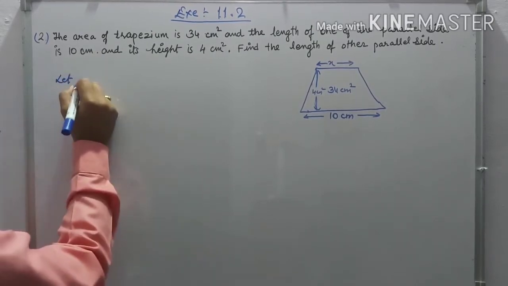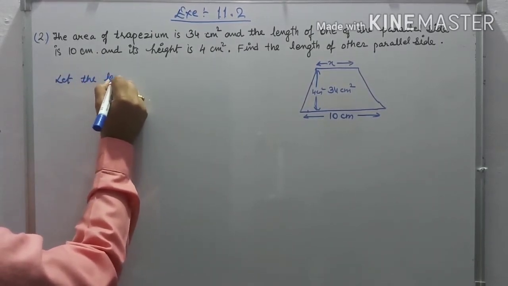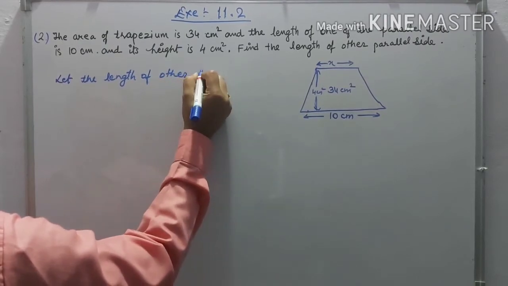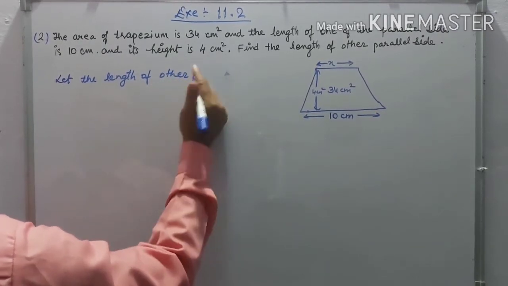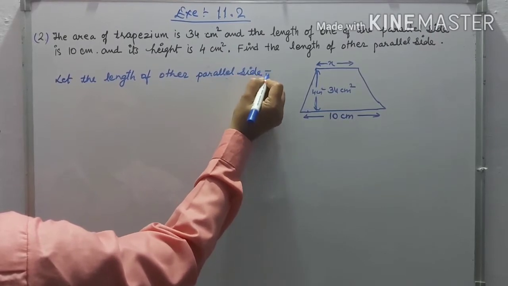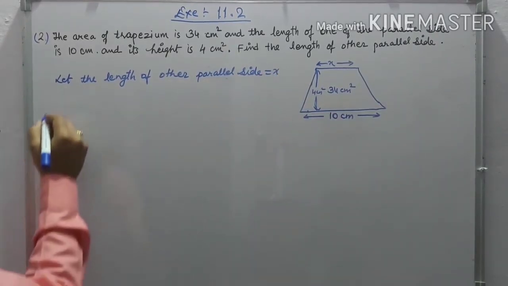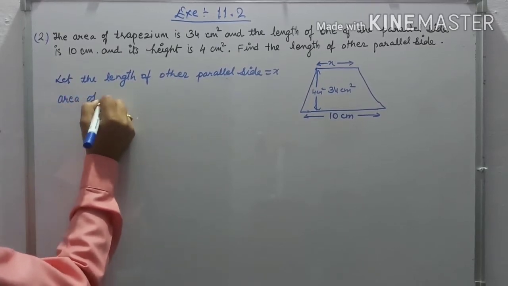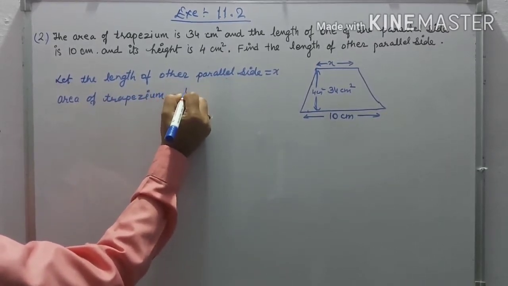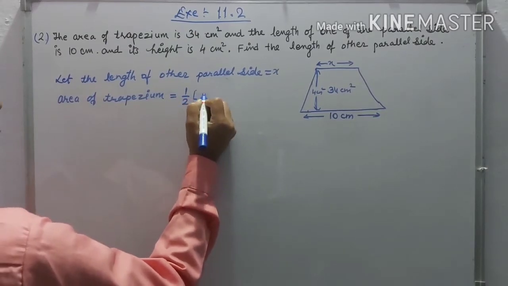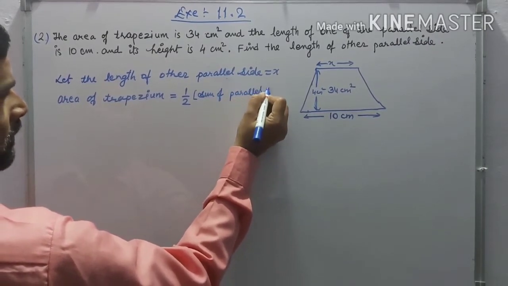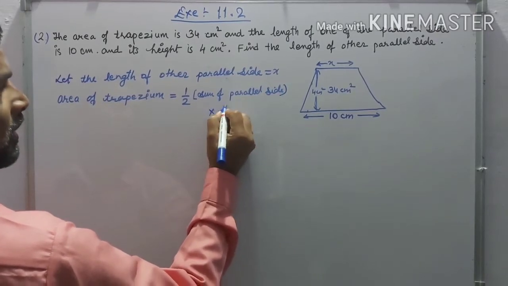So now let the length of the other parallel side be x. The area of the trapezium is 1/2 into the sum of parallel sides into height.